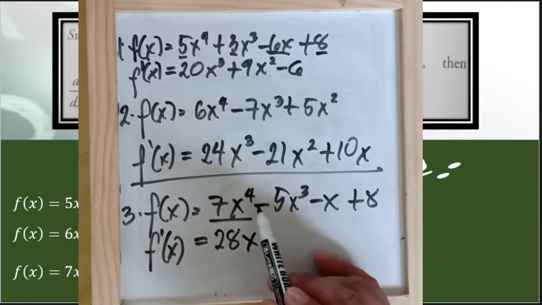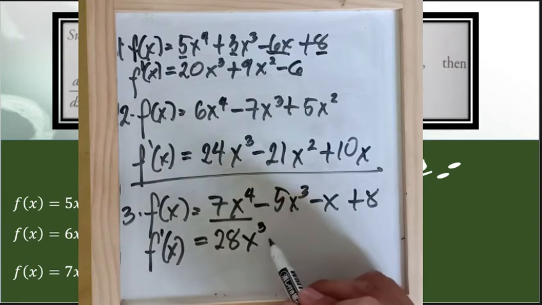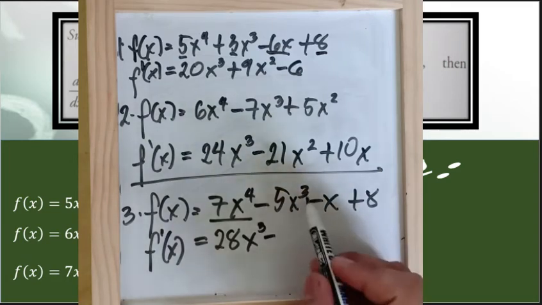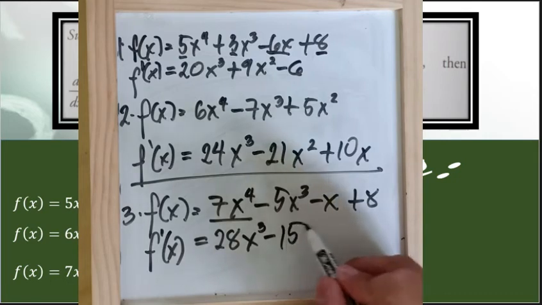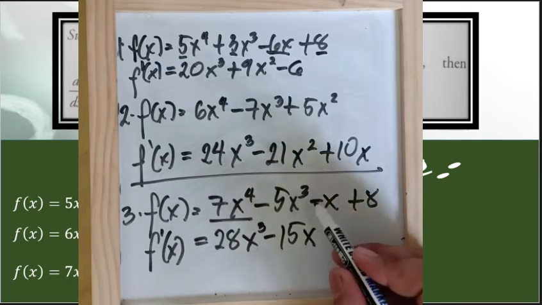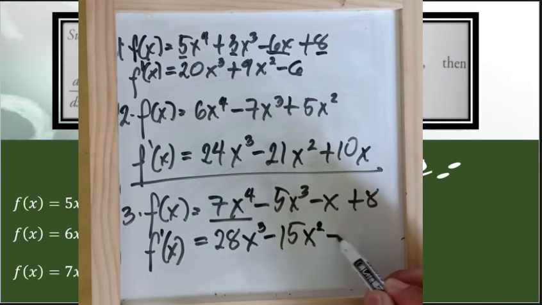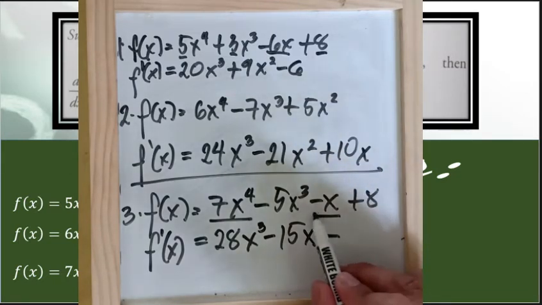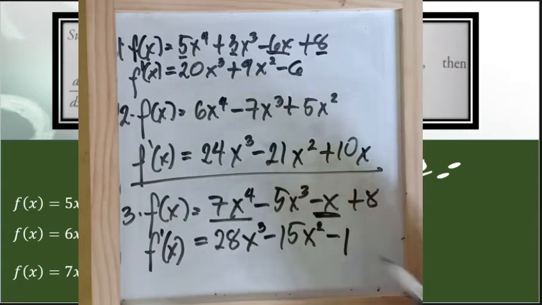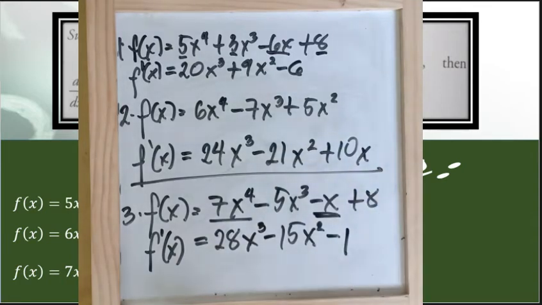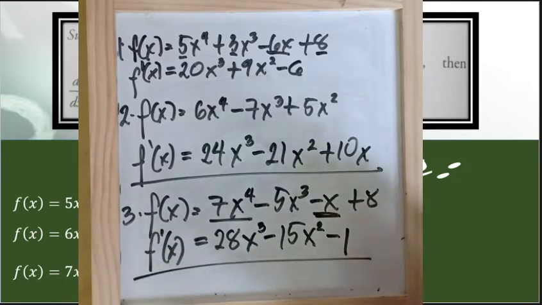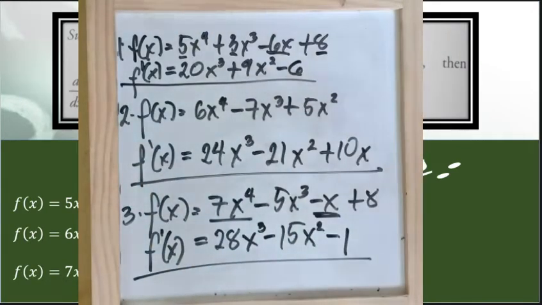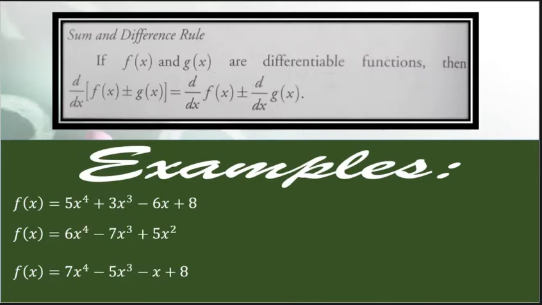Copy your variable. 4 less 1 is 3. Copy the minus sign. 3 times 5 is 15. Copy your variable x. 3 minus 1 is 2. Then the derivative of the minus x is 1. And the derivative of 8 is 0, and there's no need for you to write 0. So these are the final answers, or the derivatives, of those 3 given polynomials.